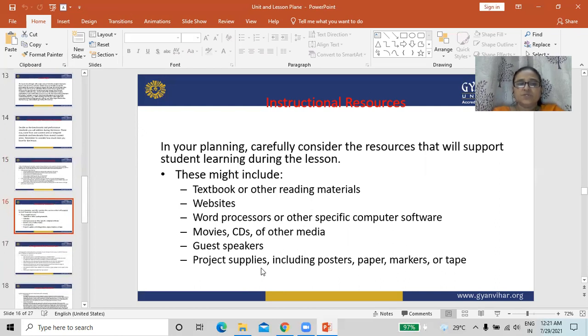Instructional resources. In your planning, carefully consider the resources that will support student learning during the lesson.